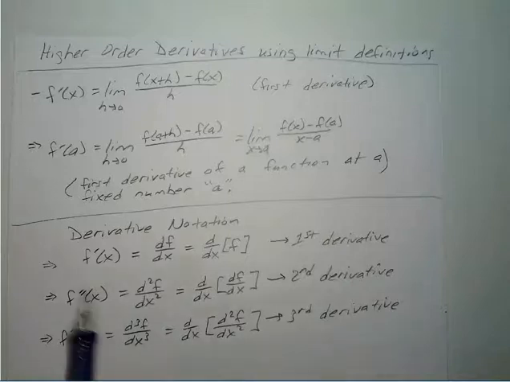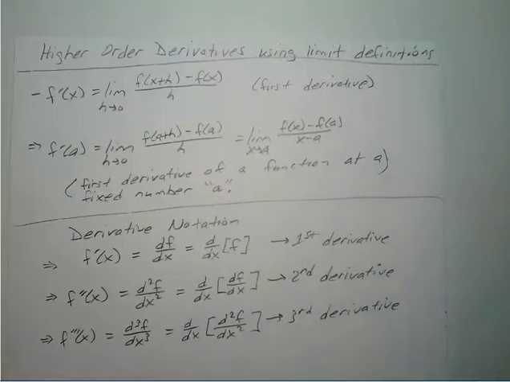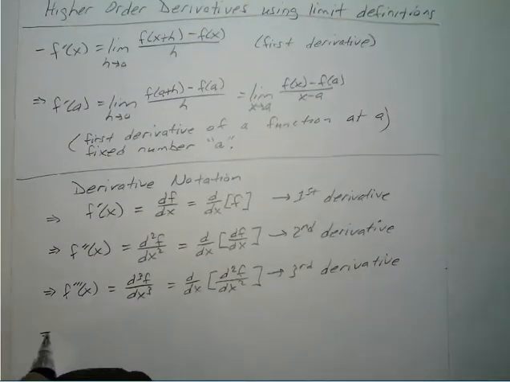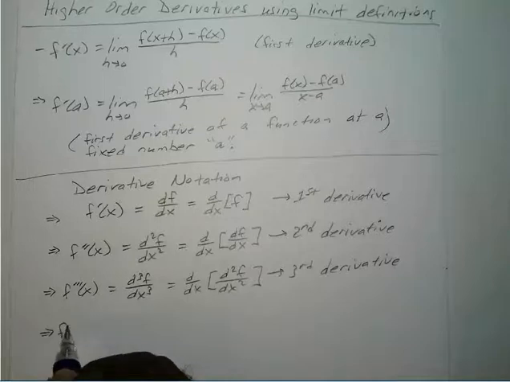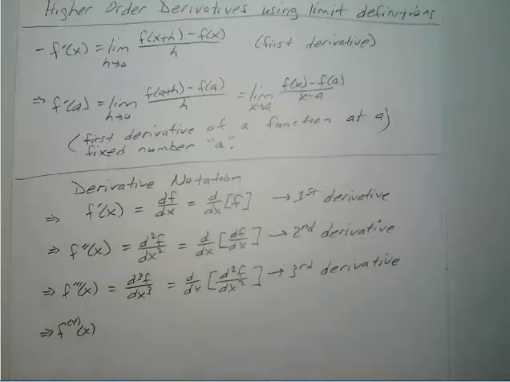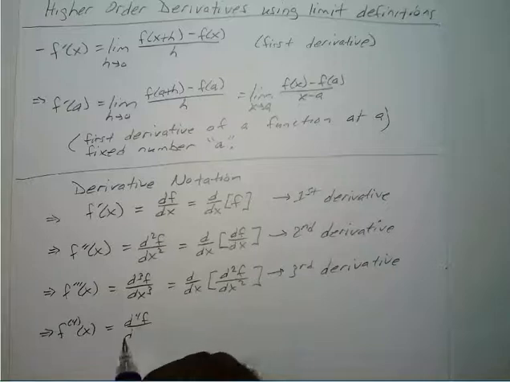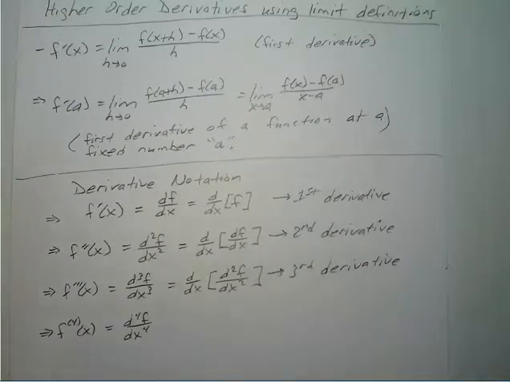Okay, now you will see these little slash marks for the first, second, and third derivative. You could see them for the fourth derivative, but more than likely you won't. So for the fourth derivative and higher, you'll see just a little 4 in parentheses. Okay, and that's just the fourth derivative with respect to x.